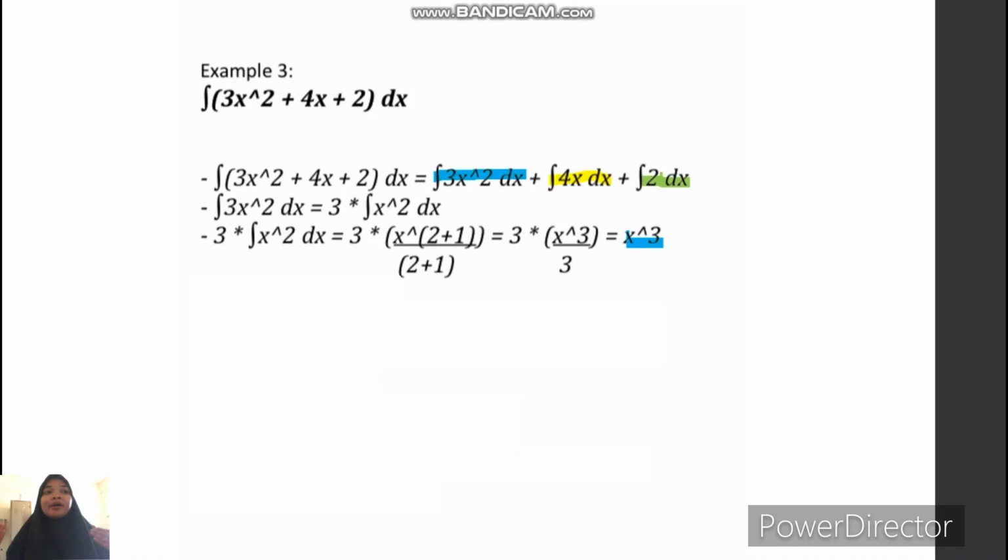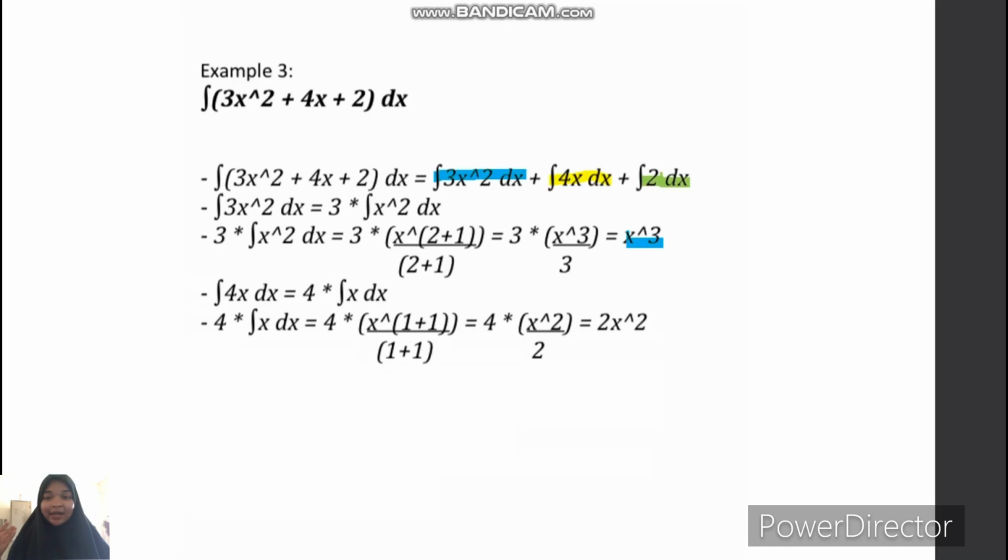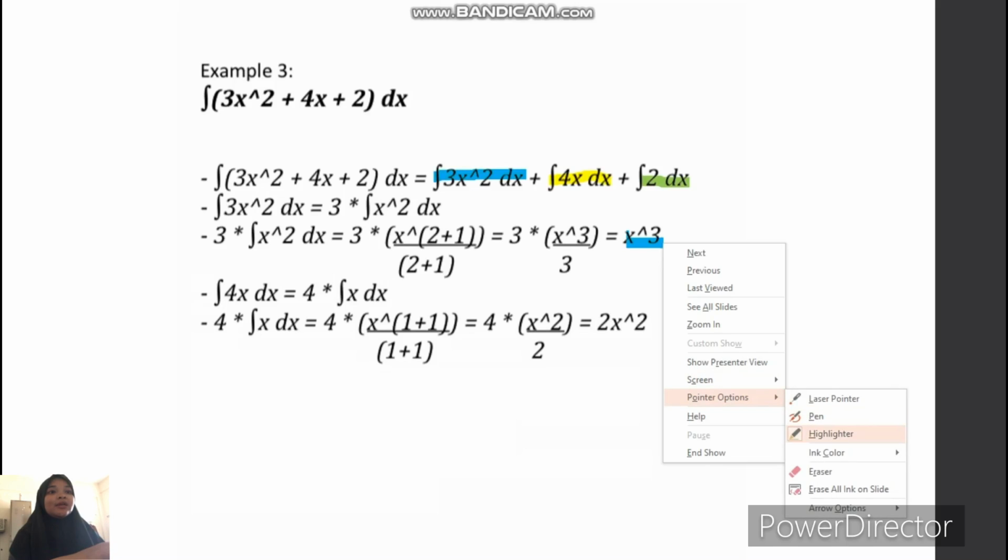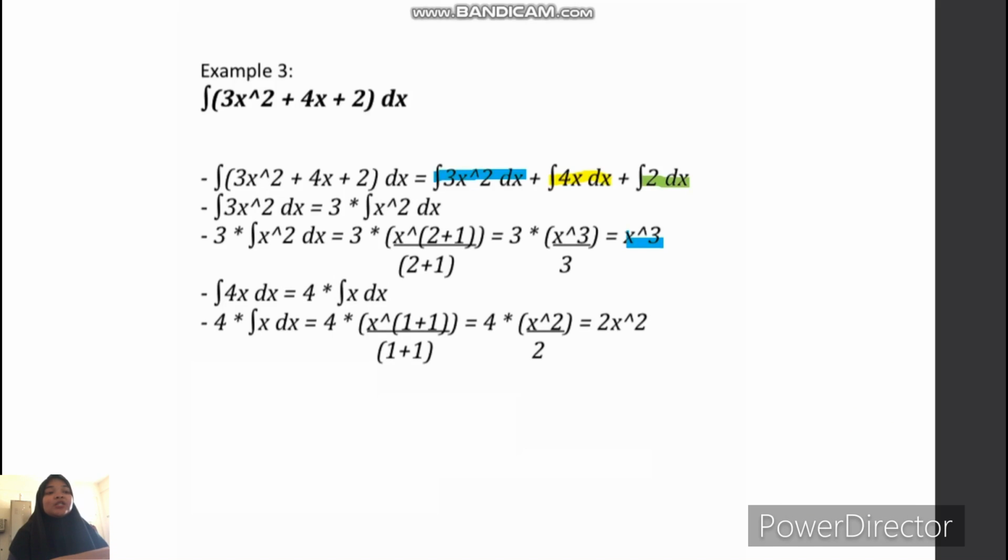Okay, so right now let's solve the second term. For the second term, we will get 4 times x dx, where the n for this one is 1. So we know that the n for the second term is 1, so we can apply the power rule. After applying the power rule, we will get the answer 2x power of 2.